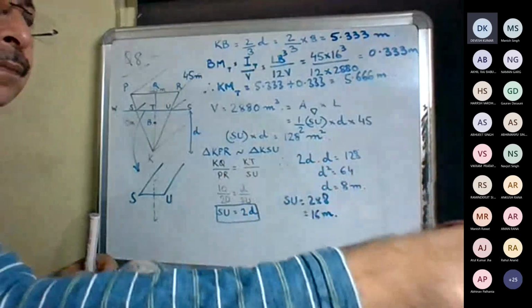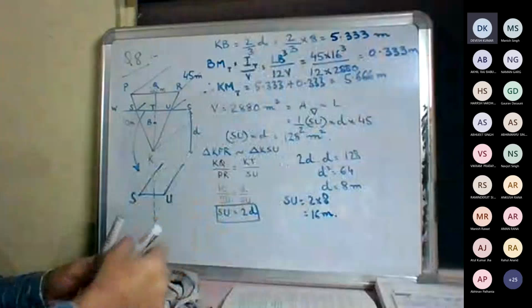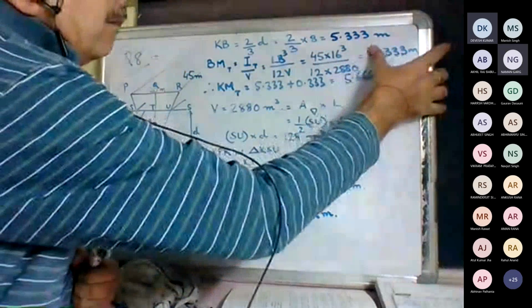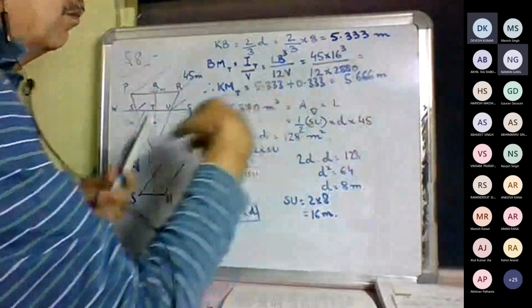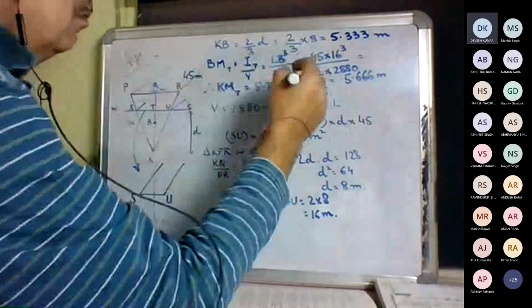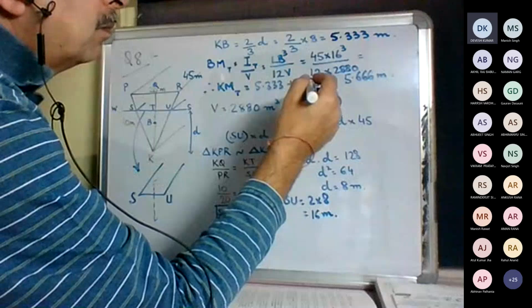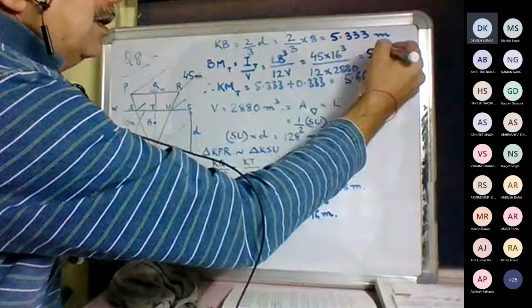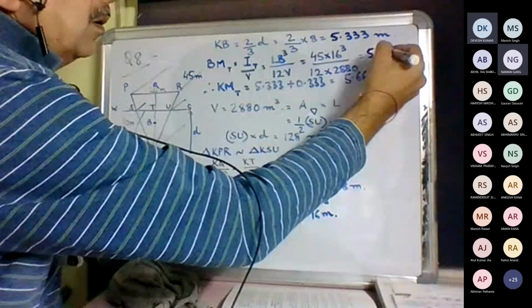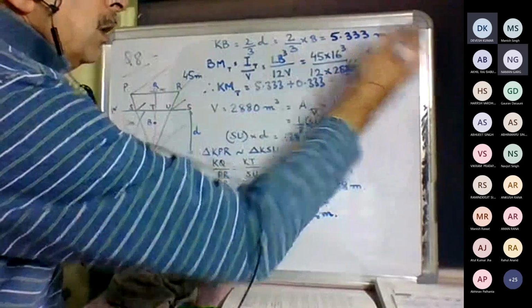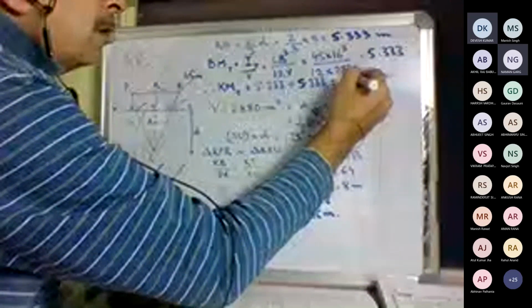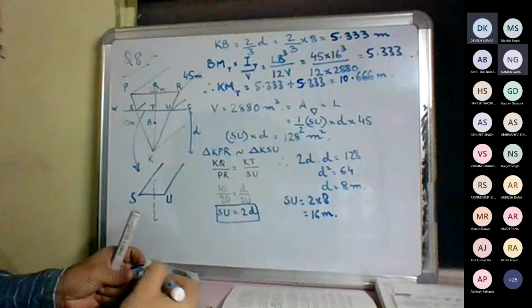Is that okay? Sir, the BMT will be 10.666. Sir, it will be half, so it will be 5.333 for BMT. Sir, for a triangle BM is B square upon 6D, right? B square by 6D, correct.